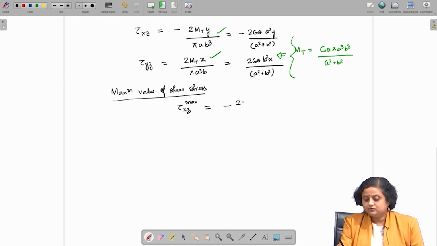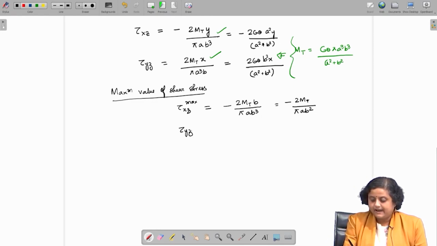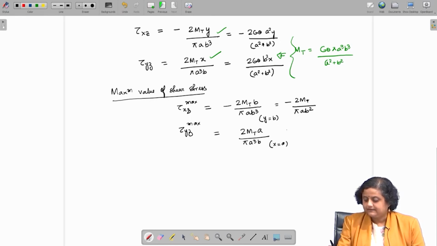That is minus 2 Mt into b by pi a b cube, which is minus 2 Mt by pi a b square. Similarly, tau yz max is going to happen when x is equal to a, and that is 2 Mt by pi a cube b times a, equal to 2 Mt by pi a square b.